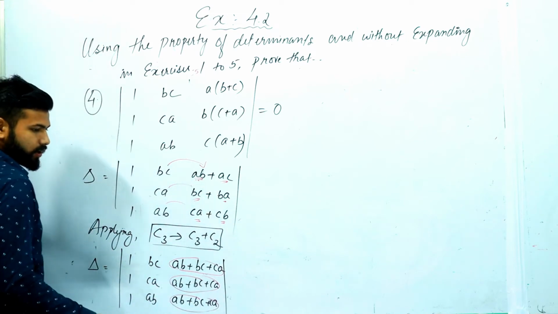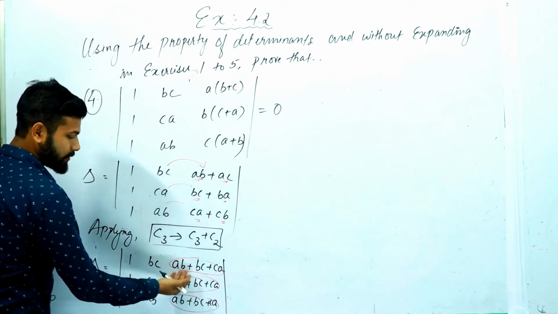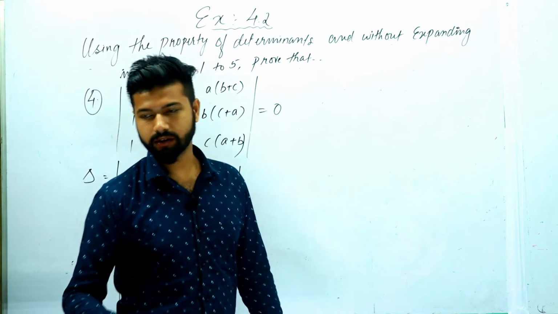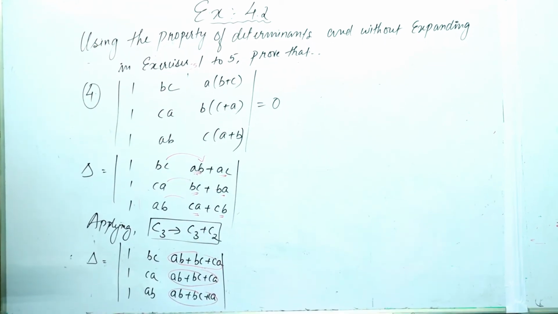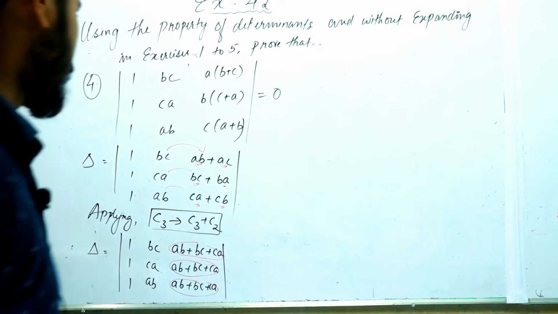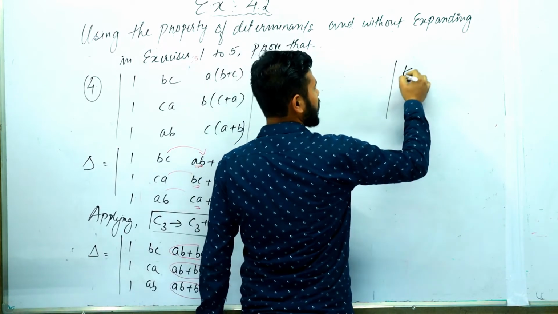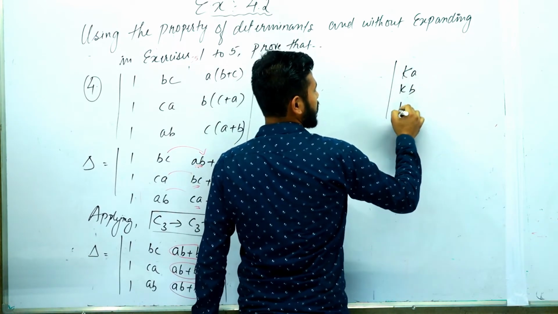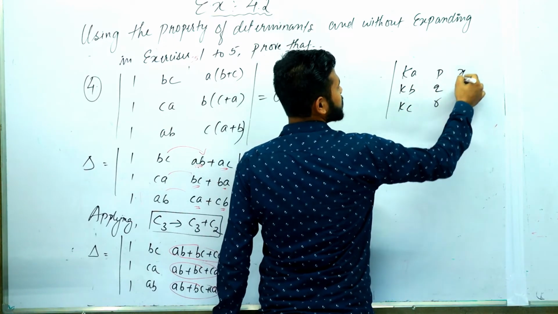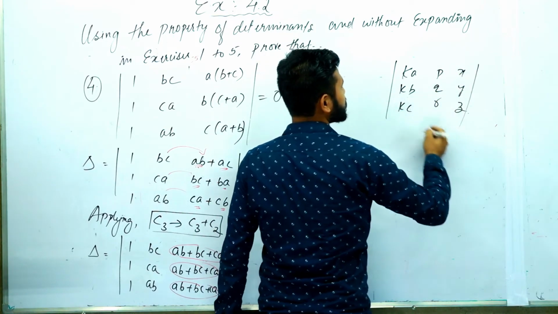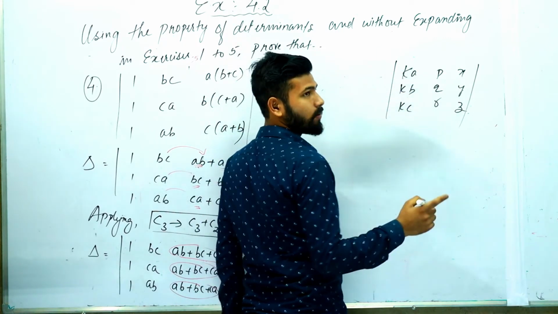What happens when anything is the same? We can take it as a common factor. So let me take it common and bring it outside of the determinant. Clear? I told you in the previous class, for example: suppose KA, KB, KC, and here P, Q, R, X, Y, Z. If you can see such a thing, we can take the K outside, because K is common to a particular column here.